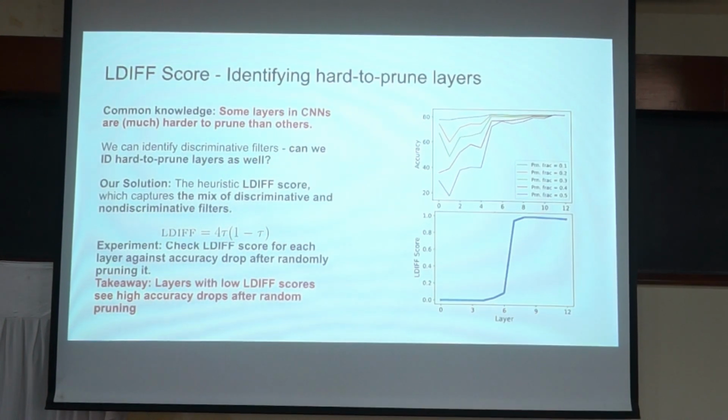Because of our discriminative filter hypothesis, we will be able to compute a fraction of the tau, and that gives us a very good way to check in this layer, how much should I prune? This is what we call the degree of difficulty of pruning in a particular layer, what we call the LDIF score. It talks to the problem of why sometimes random pruning works and sometimes it doesn't.